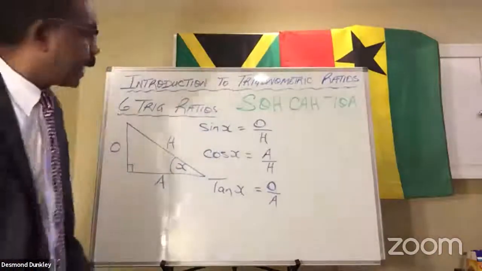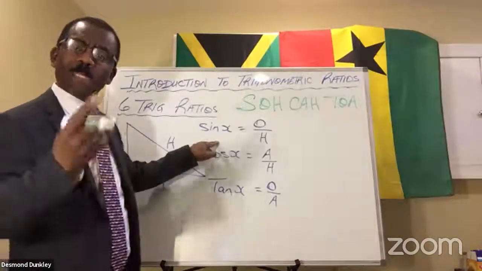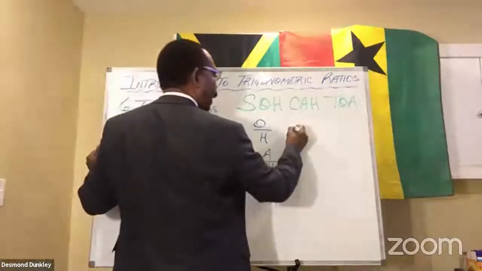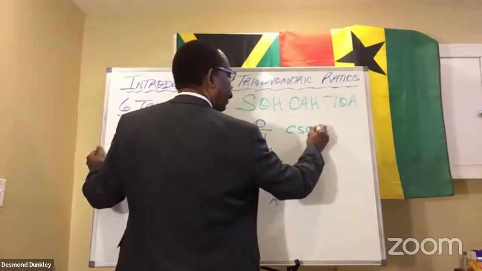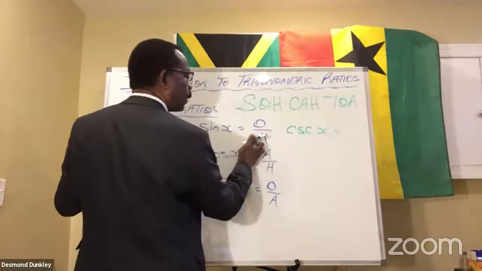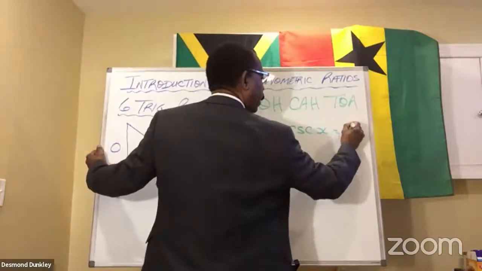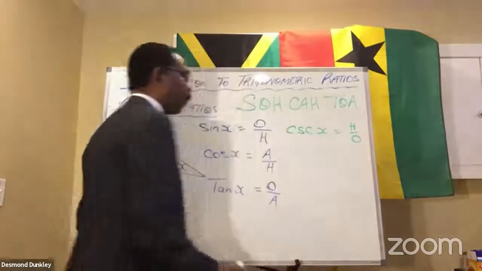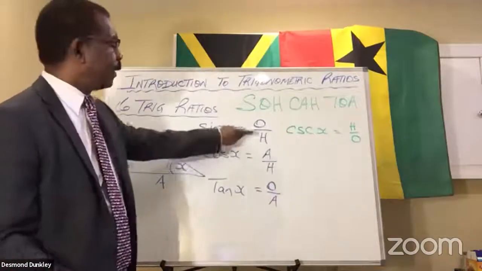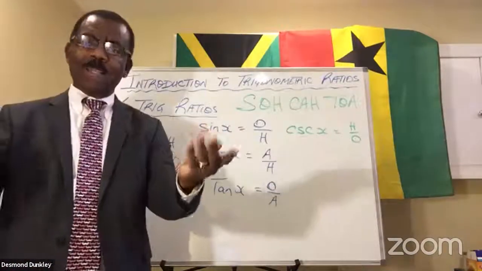Now, we did discuss that cosecant is 1 over sine. So therefore, you could write cosecant of x would actually be equal to H over O. So once you know sine, just flip it, and that's cosecant.